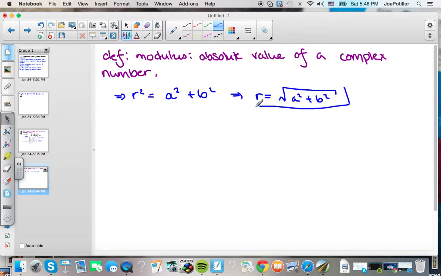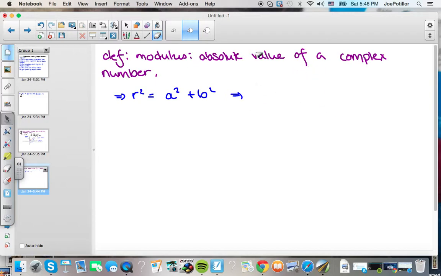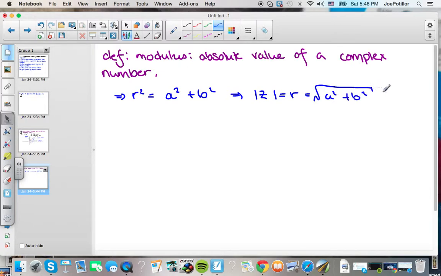And this is the modulus, or the r, as your textbook uses. I'm not erasing the formula. Well, I am erasing it. I'm going to rewrite it. So the absolute value of the complex number is, of course, the radius, which is another symbol for r, which is the square root of a squared plus b squared. Okay?